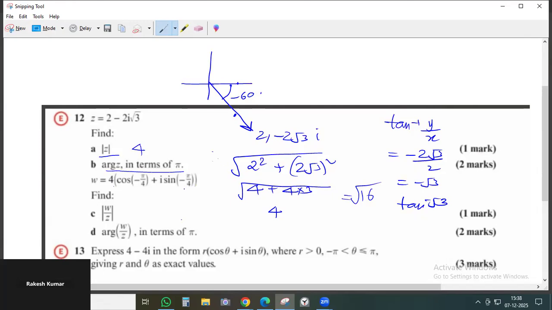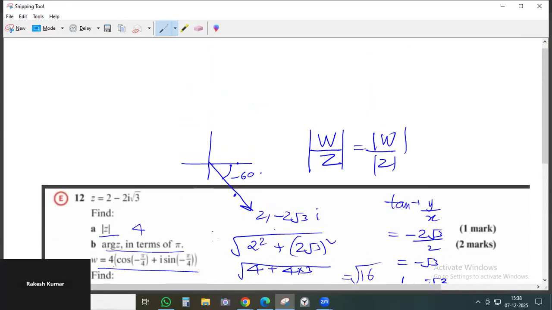Okay, then there's another vector, this, and then he's asking you what is this. So we should know that the modulus of w by z is nothing but this. Now you can do this in many ways.